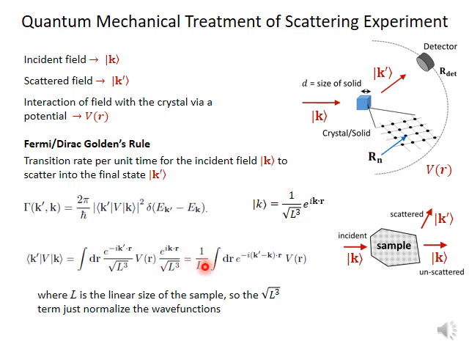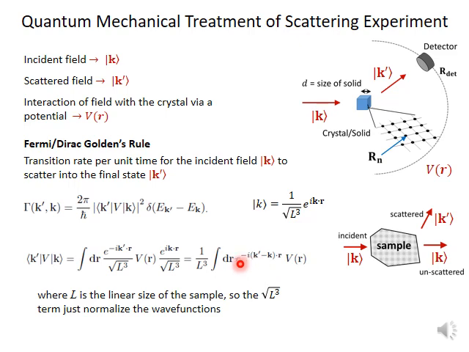You can take the normalization constant, and combining both these exponentials together, you get such an expression, given by exponent minus i k prime minus k dotted with R, where R is any position within the crystal.